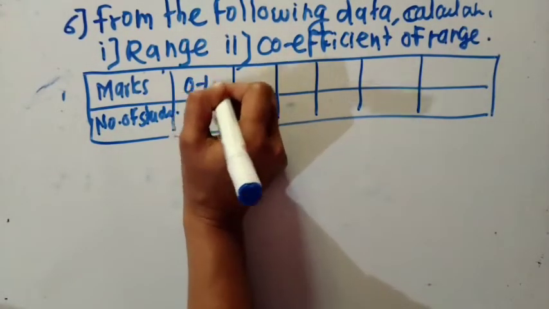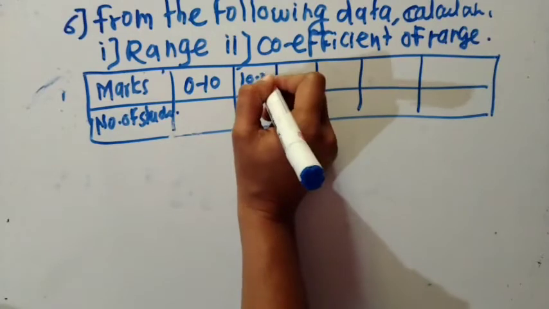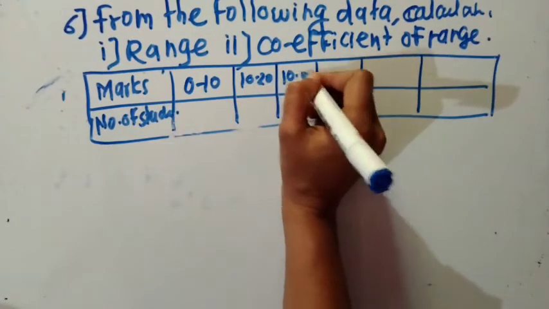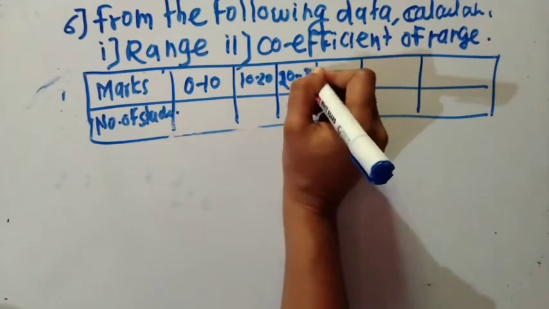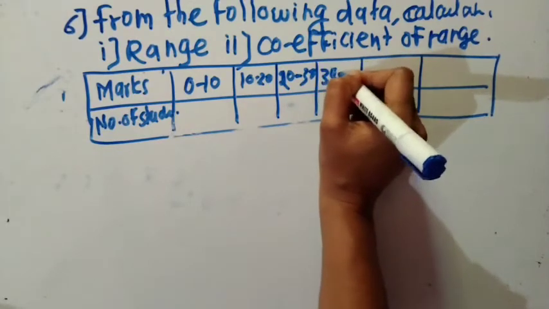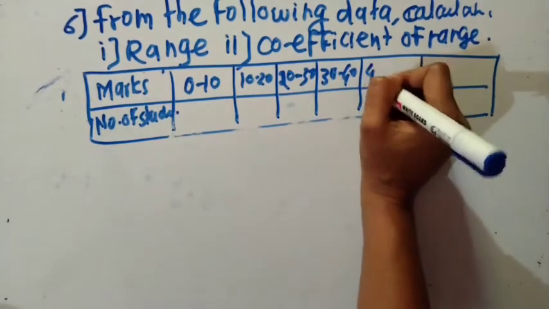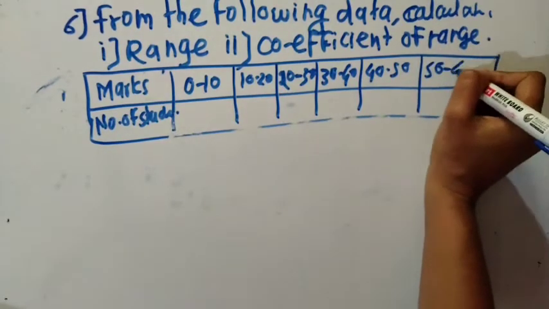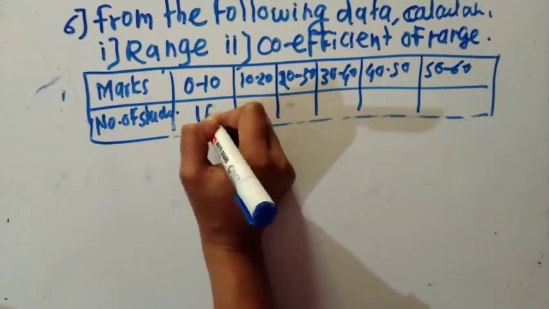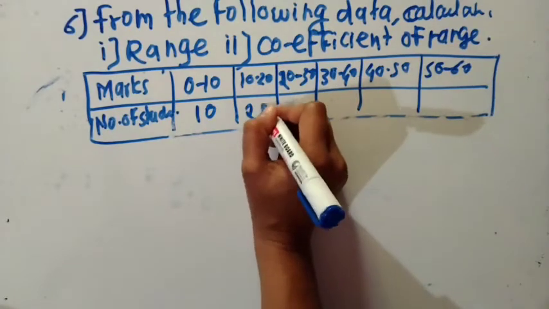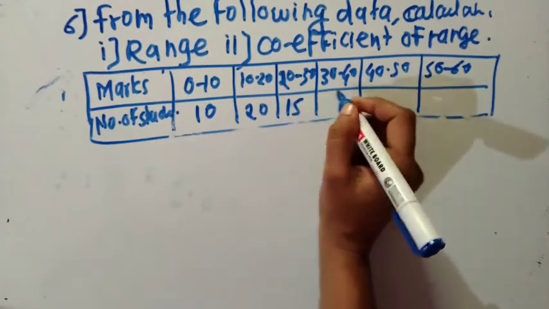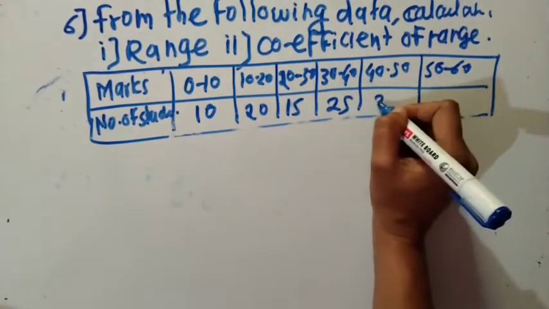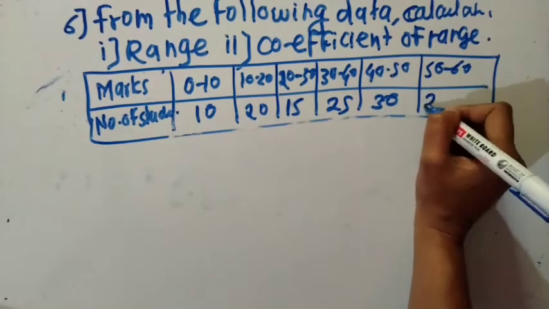Then 0 to 10, 10 to 20, 20 to 30, 30 to 40, 40 to 50 and 50 to 60. Then 10, 20, 15, 25, 30 and 25.